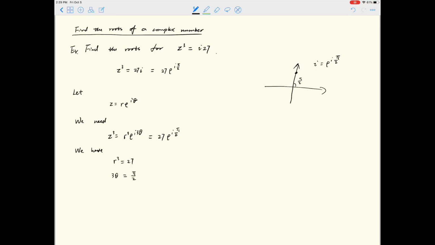Well, 3 theta can be equal to half pi, or half pi plus any multiple of 2 pi. Now, from the first equation, we obtain that r is just 3. From the second equation, we obtain that theta is pi over 6 plus 2k pi over 3.